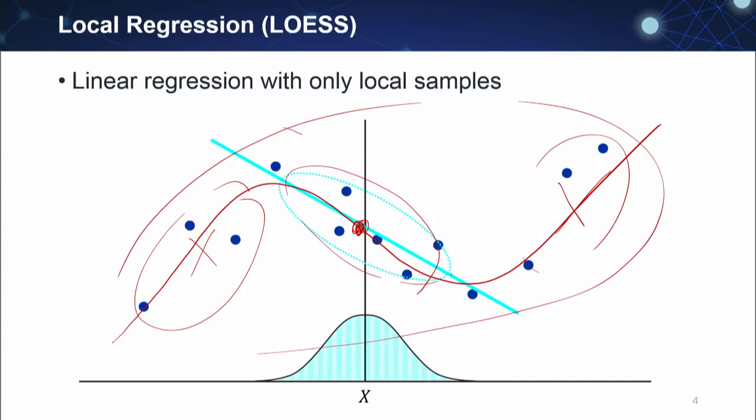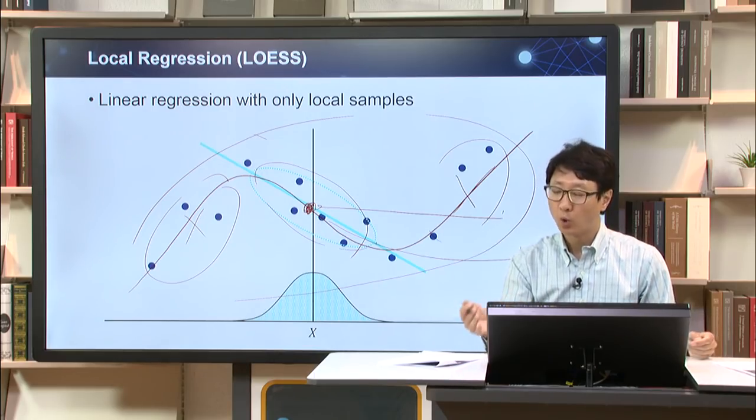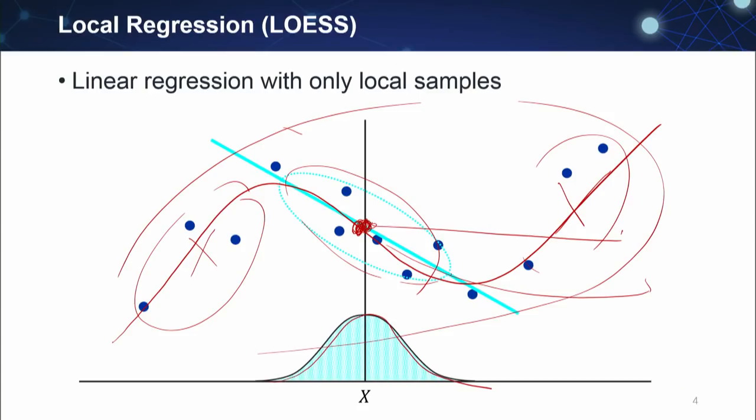If a data point is far away from this estimation point, it is going to have a very small weight, almost zero weight. Usually, people like to use a bell-shaped curve or normal distribution curve for this, something like this. If it's close to the estimation point, it has a large weight. If it's far, it has a very low weight, according to this line.